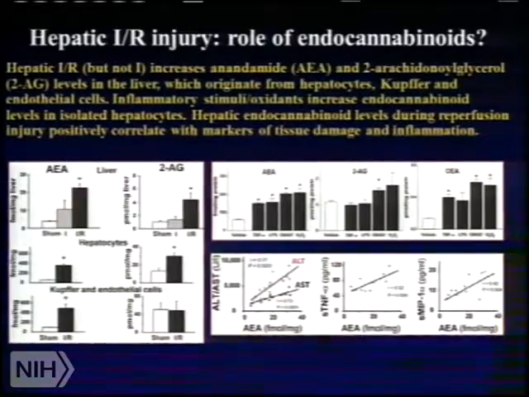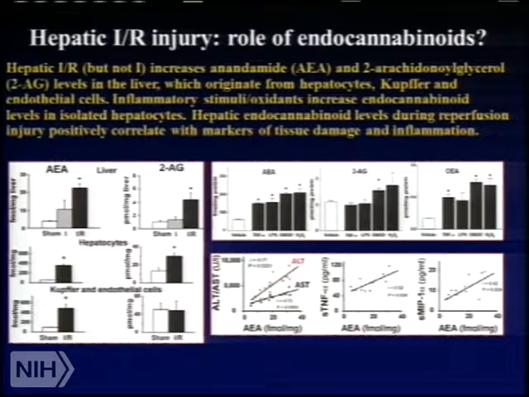And we also hypothesized that most likely reactive oxygen species lead to the generation of these lipid metabolites, because during the ischemia by itself there was very little increase, and this happened during the reperfusion, where this massive surge of reactive oxygen species happened.